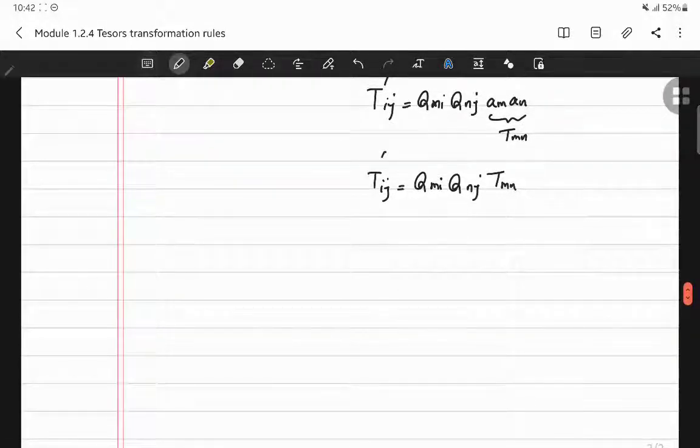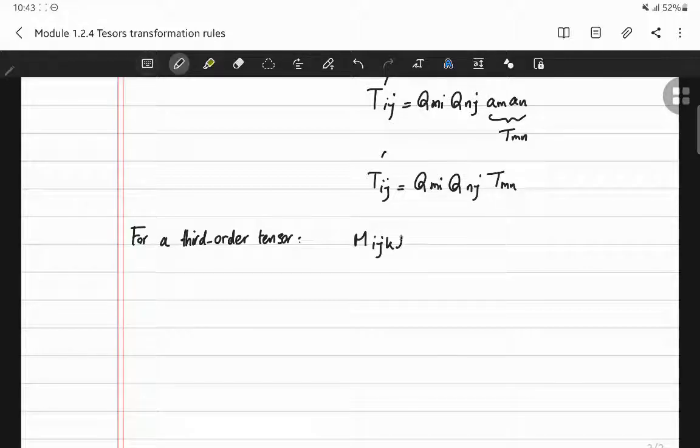So let's do this for a fourth order tensor. We assume that, for example, M_ijkl is equal to T_ij T_kl, right? So if this is true, then it is true for all the coordinate systems.